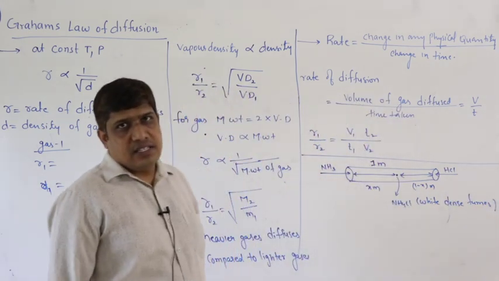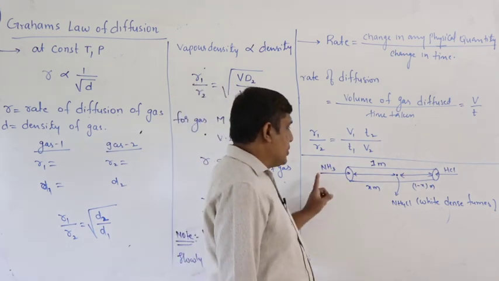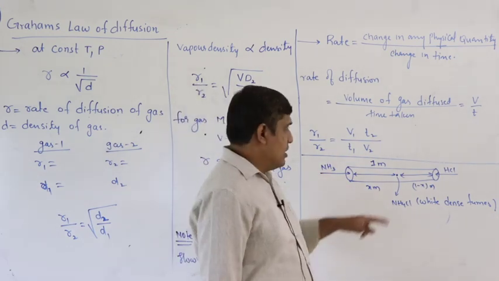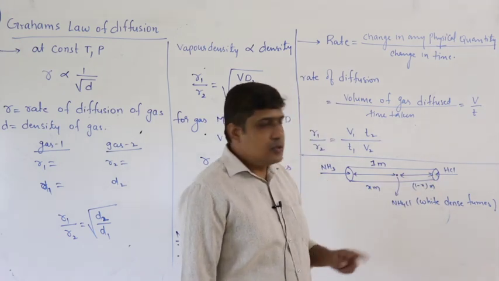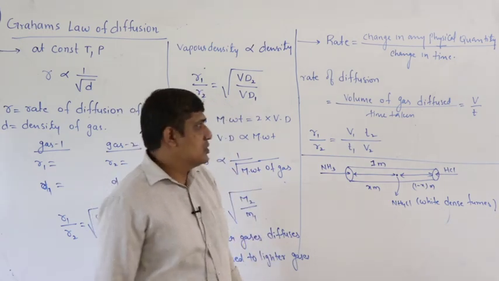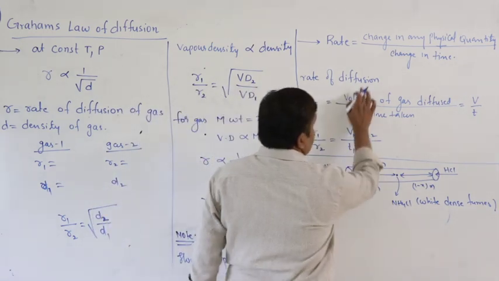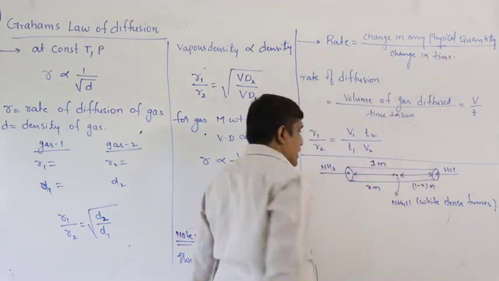At what distance they will meet? That is the question. So distance travelled by ammonia by time taken, distance travelled by HCl by time taken. Since they are introduced at the same time, the time taken will be the same.